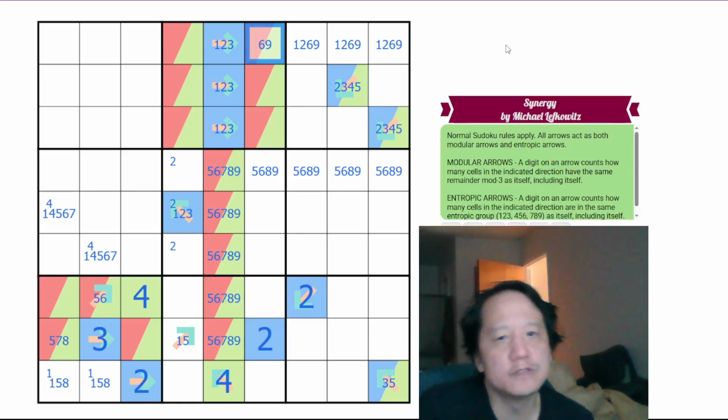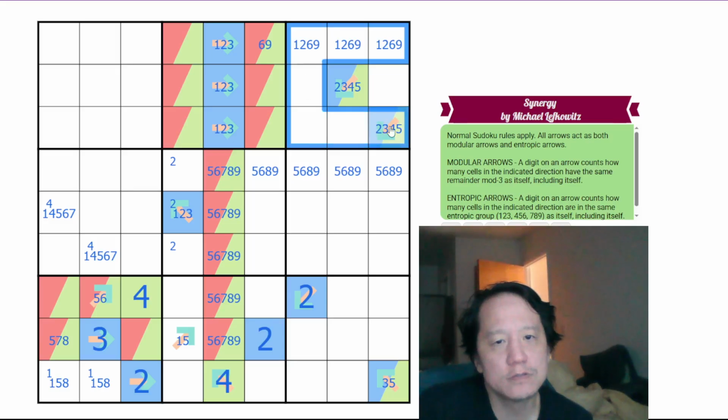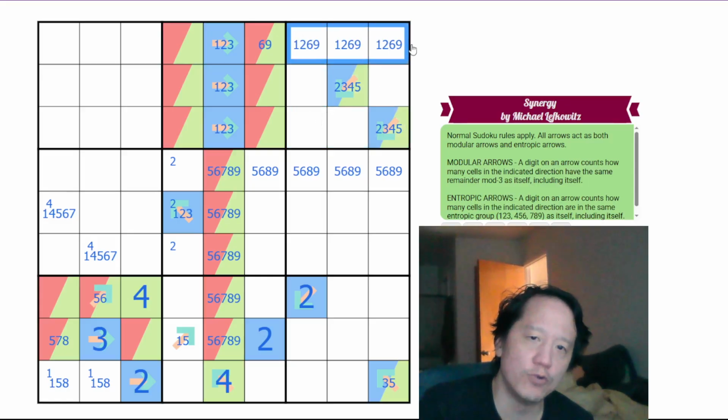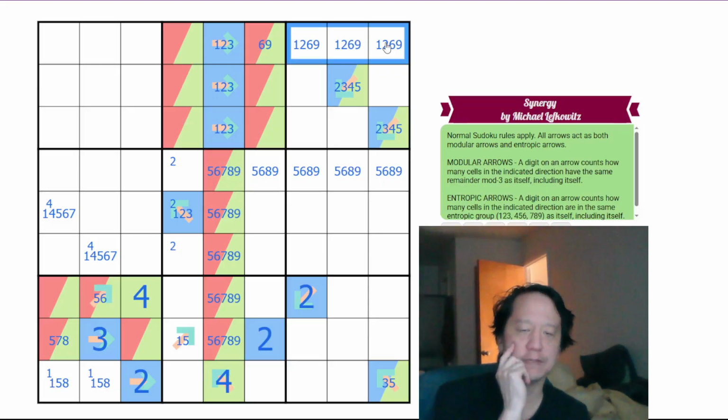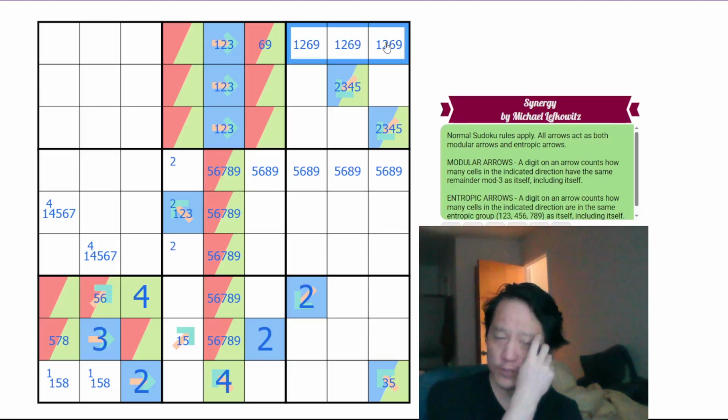So that means in this box, in box 3, you're guaranteed to have 2 digits from the 1 and 2 would have to be in the same row for the 3.